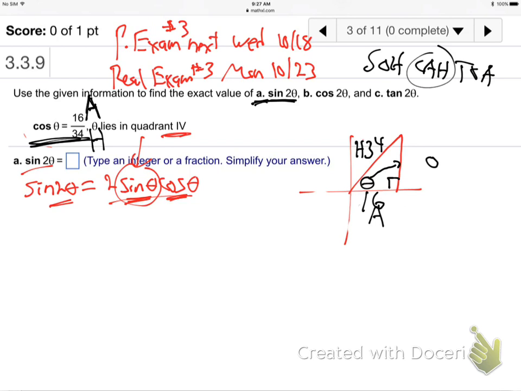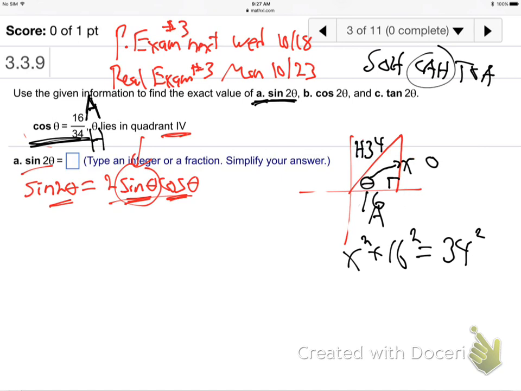The opposite side squared plus 16 squared is 34 squared. It looks weird to call it O, so I'm going to call it X. X squared plus 16 squared is 34 squared.